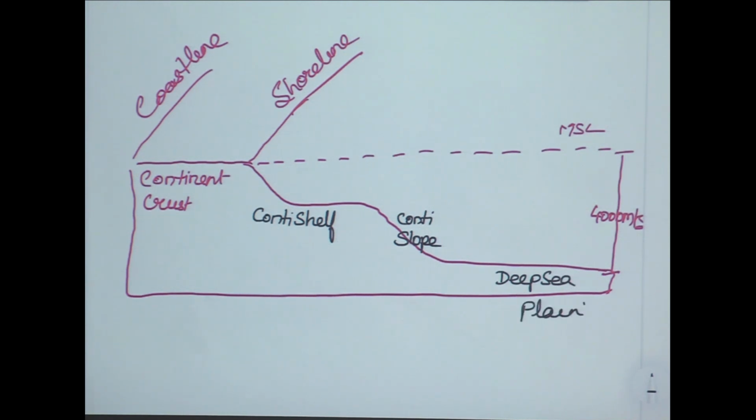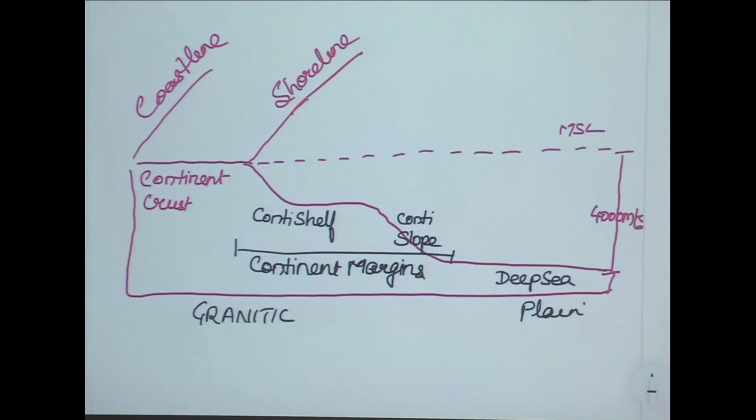What is there in front of us can be further demarcated: these two will be called continental margins. What is the reason they are called continental margins? It is that they do incorporate granitic, lighter density material characteristics.